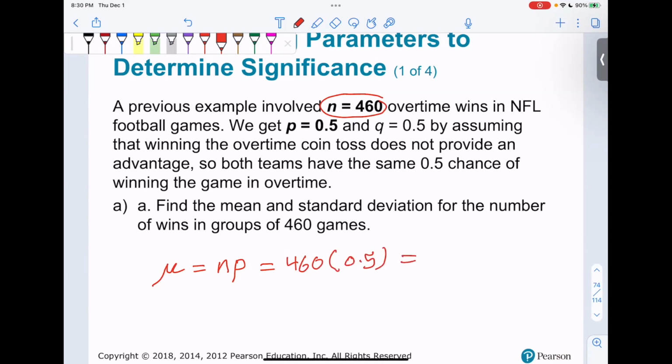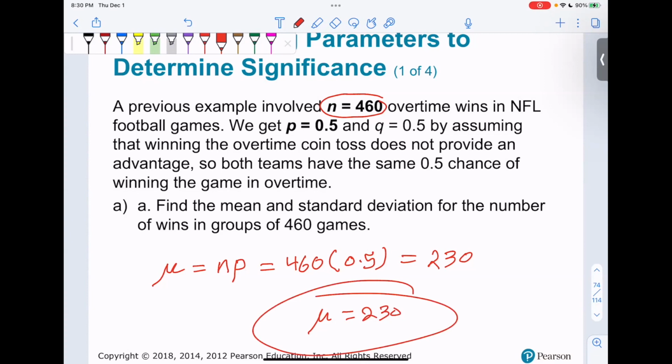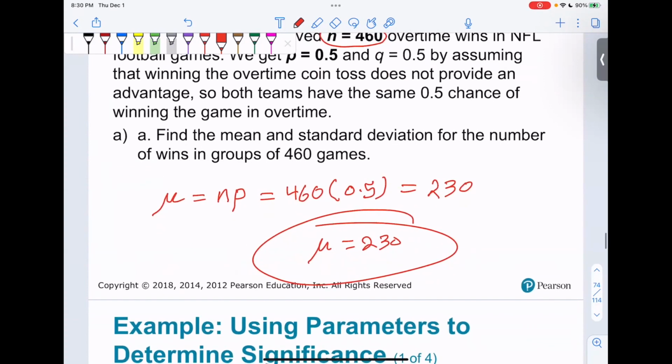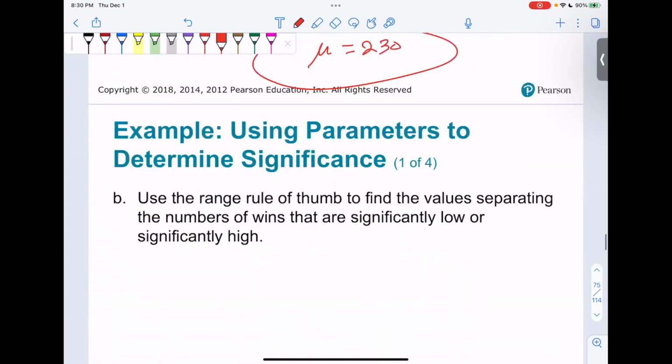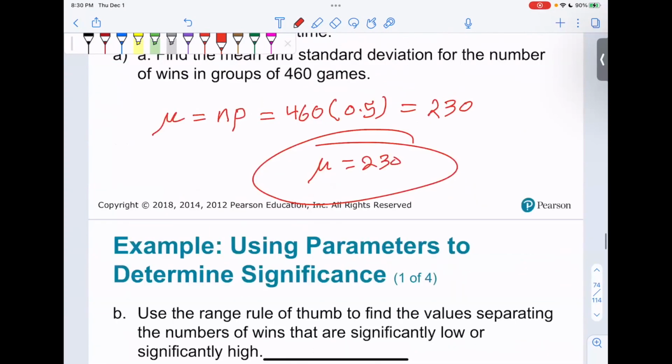So basically it will be 230. So mu will equal 230. Easy, right? That is how to calculate mu if we know that we have a binomial distribution.